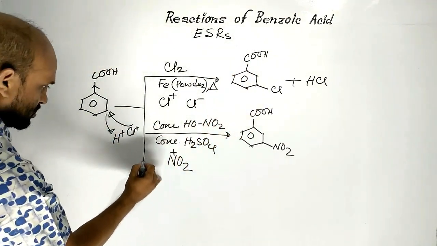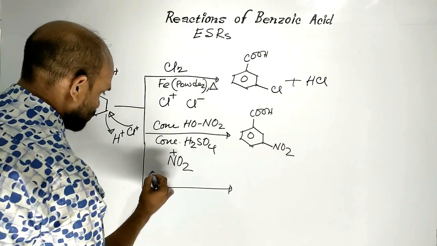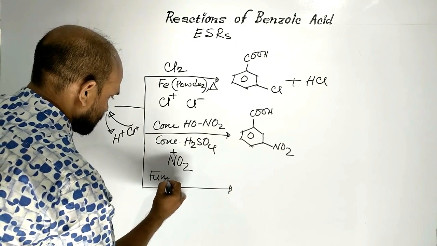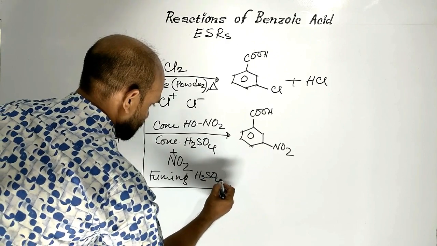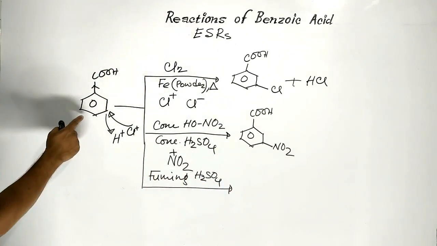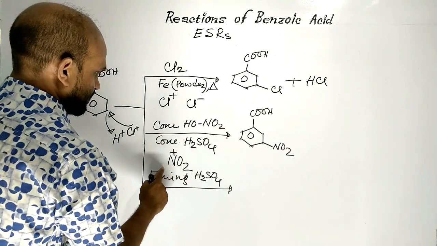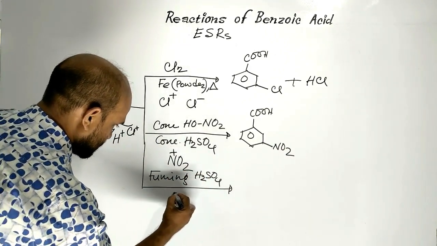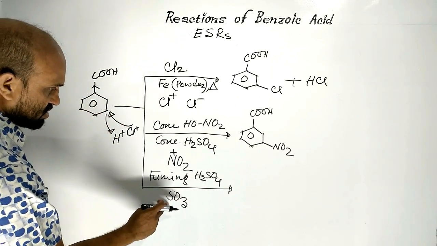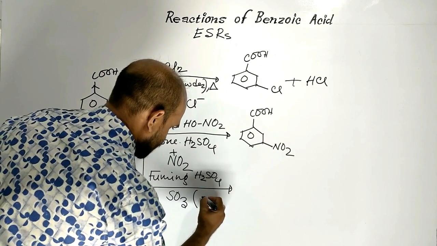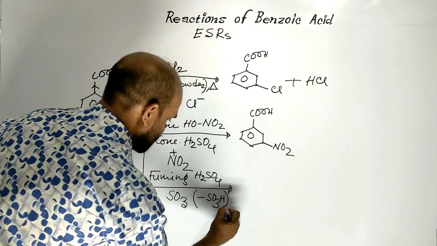Now, when benzoic acid is treated with fuming sulfuric acid, that is, now benzoic acid undergoes sulfonation. Fuming sulfuric acid produces neutral electrophile sulfur trioxide that ultimately converts to sulfonic acid group.